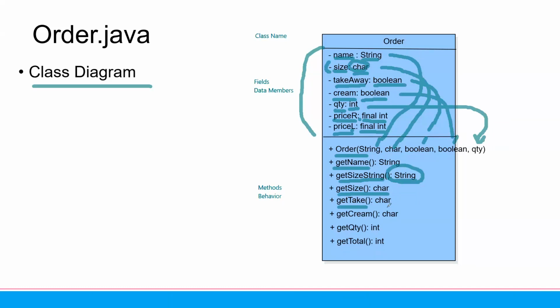And then getTake, it means we want to know whether it is takeaway or not. And then we want to check the cream, whether the customer includes the cream or not. We want to get the quantity, and we want to check the total, because maybe some customers bought 2 products, for example.